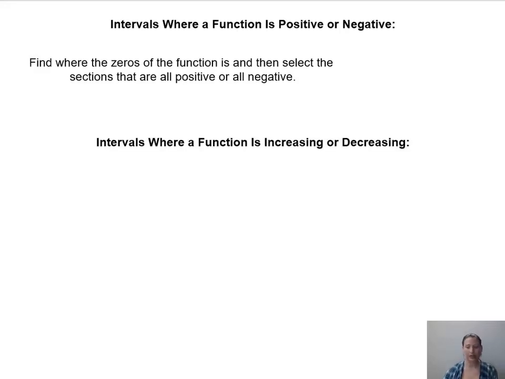So the next thing we want to talk about is intervals in which a function is increasing or decreasing. What does it mean to be increasing or decreasing? One thing we want to remember is that when we talk about increasing and decreasing, or positive, negative, or anything about a graph, we read a graph just like we read English, from left to right.